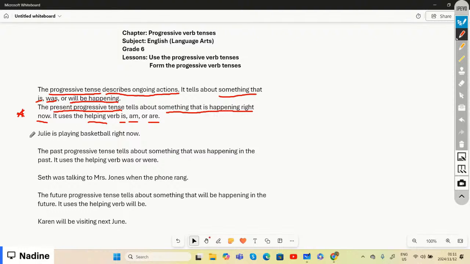If we look at an example of our present progressive tense, we'll say Julie is playing basketball right now. Our helping verb, which tells us that something is happening now, is the word is. That gives us an indication that something is happening right now.